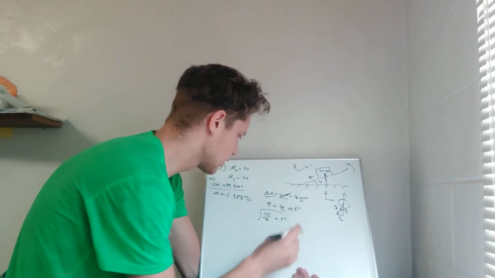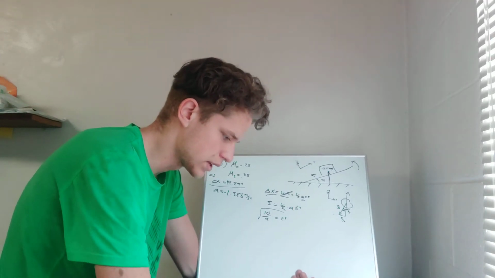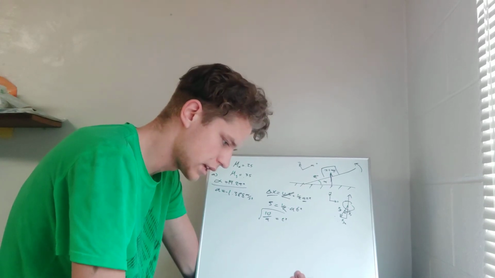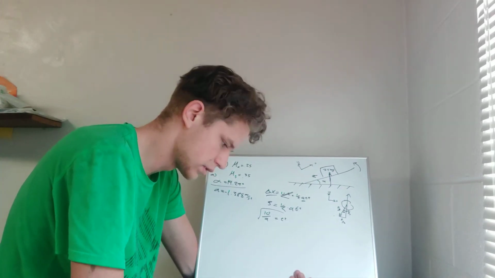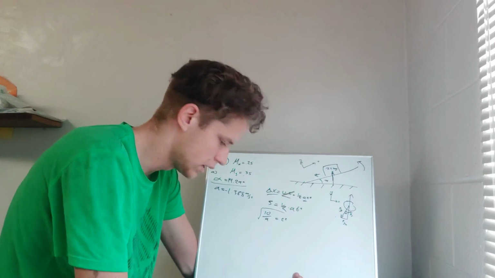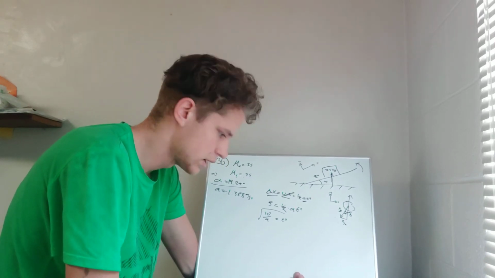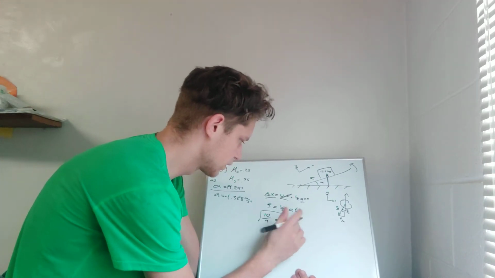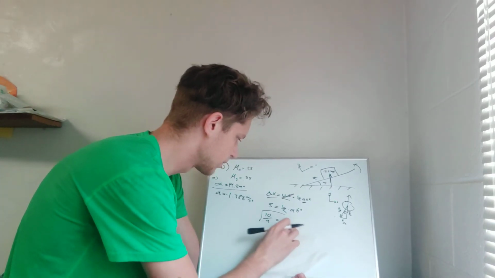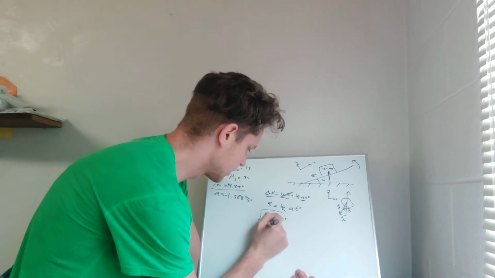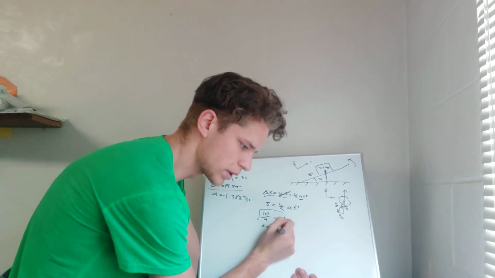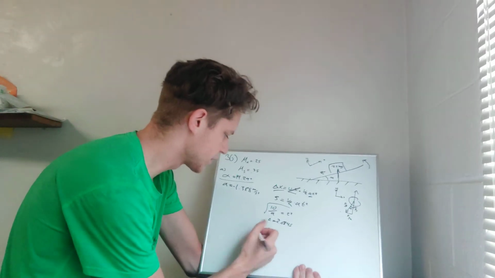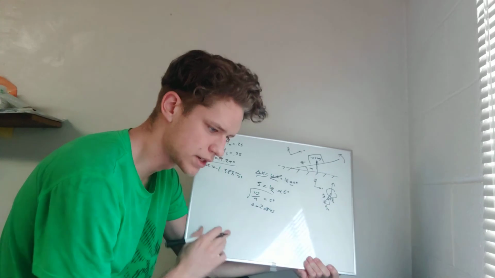So you take the square root of all of that, and you get the square root of 10 divided by 1.388, and that gives you a time of 2.684 seconds.